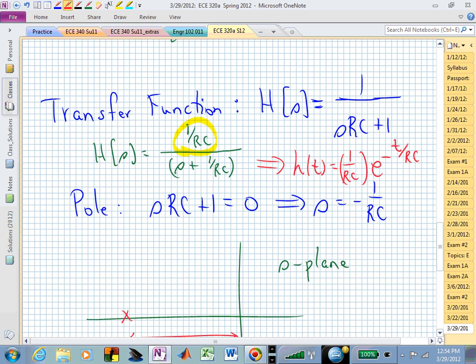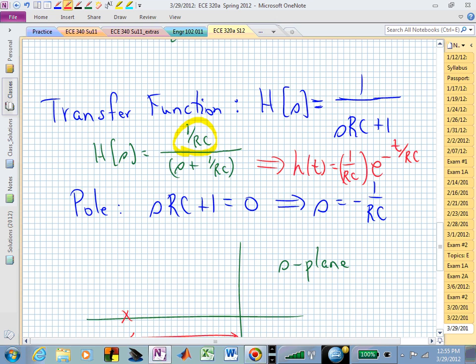What's the time constant of that filter? The impulse response is this decaying exponential, and you want to know when is that exponent equal to 1. What value of time t causes this exponent to equal 1? That time is your time constant tau.